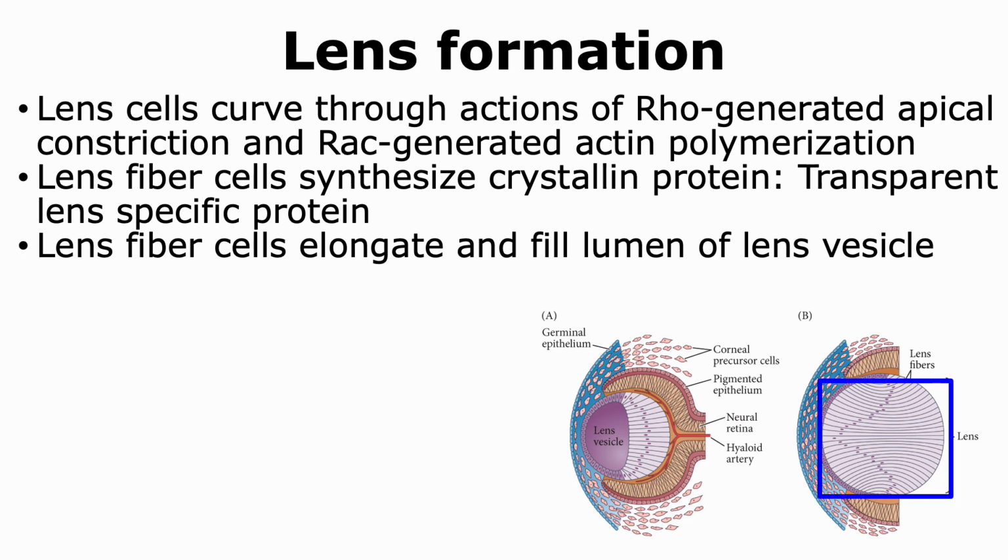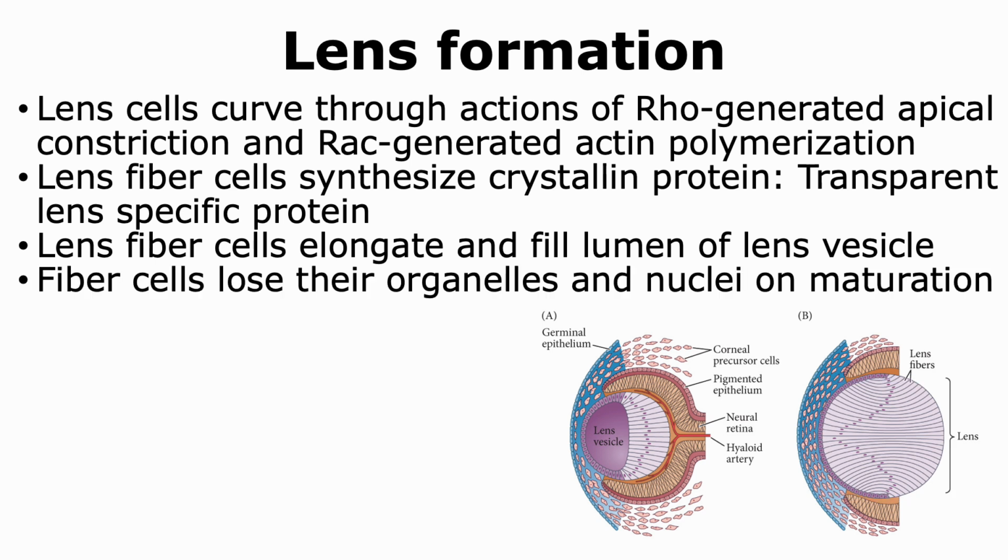As the eye develops, the vesicle becomes smaller and smaller because the lens fibers are elongating and filling the lumen of the lens vesicle. The fiber cells will lose their organelles and nuclei on maturation, so by the end of eye formation, they won't have many nuclei left.